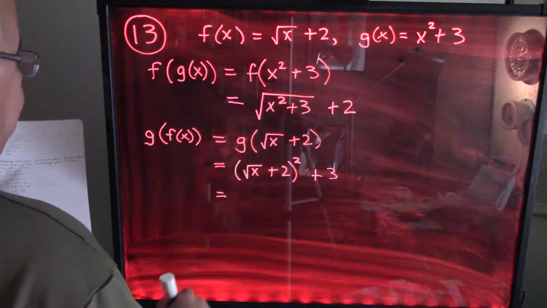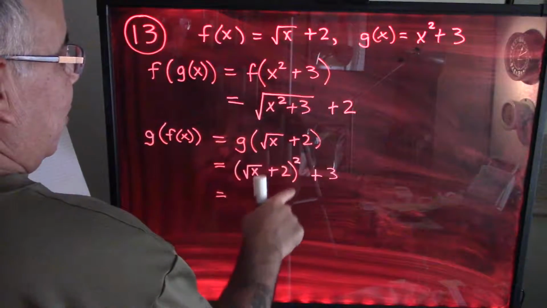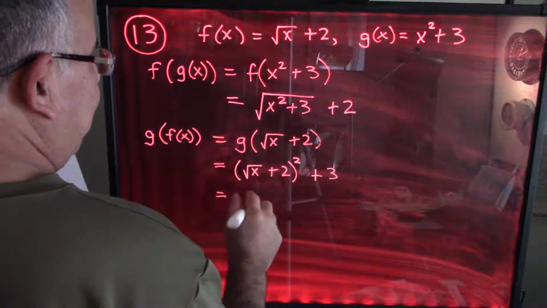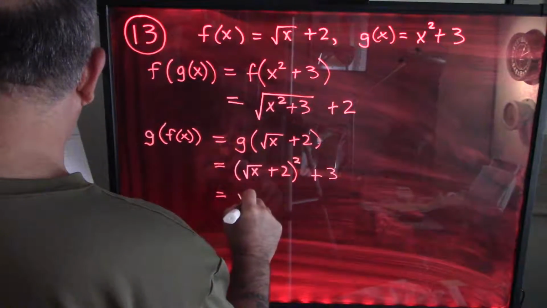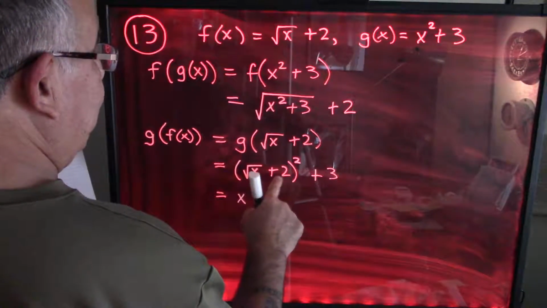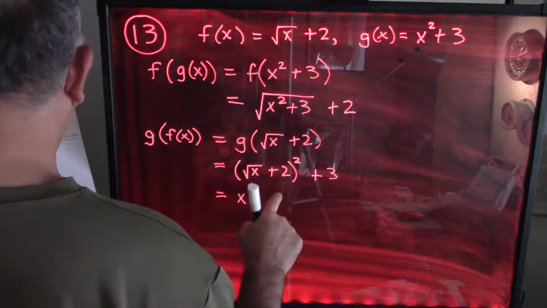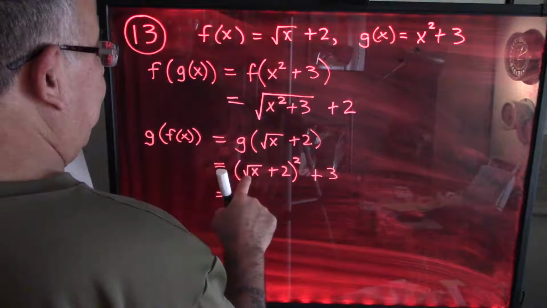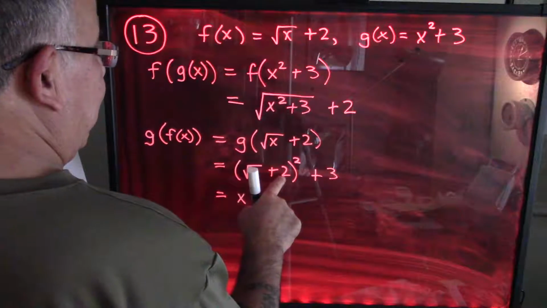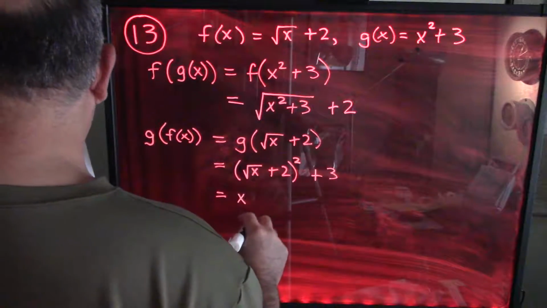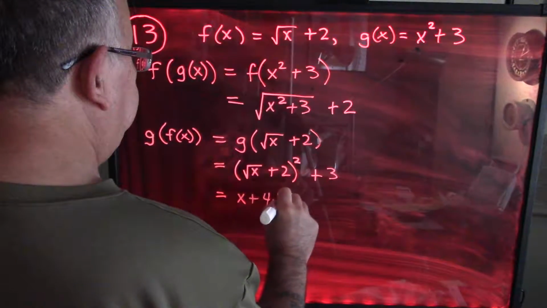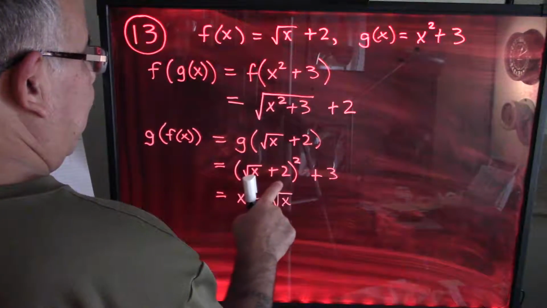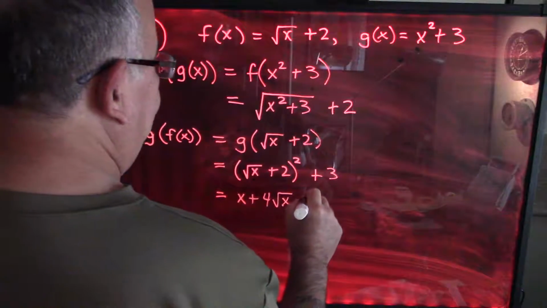So this is in the form a plus b quantity squared is a squared plus, let's see, a squared would be just square root of x squared, that's x, plus 2 times ab, 2 times this times this. So that's going to be 2 times 2 is 4 times square root of x, plus b squared, or plus 2 squared is 4.